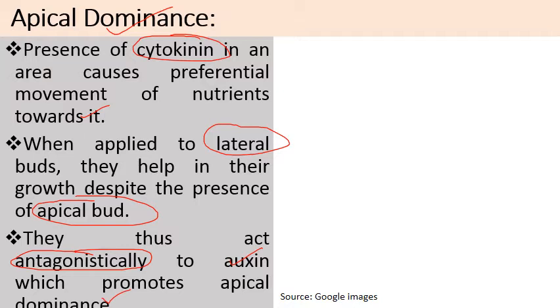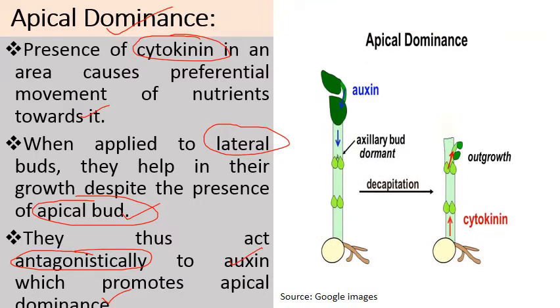Auxin promotes apical dominance, but when cytokinin concentration is greater, there is formation of lateral buds even in the presence of apical bud. In this picture we can see this is the tip, which is the source of auxin, and it grows lengthwise. This is known as apical dominance, while lateral buds remain dormant, which means they don't show any growth.